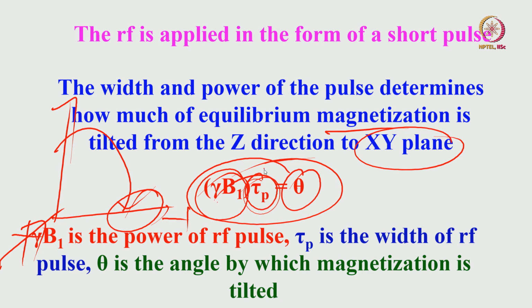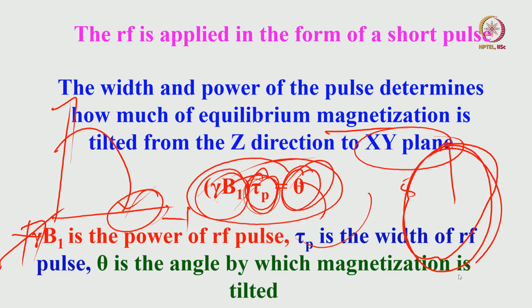If I have a pulse of 5 microseconds, I tilt it by 90 degrees, and it is linear. If I make it 10 microseconds instead of 5, I will tilt it by 180 degrees. If I make it 15 microseconds, I will tilt it by 270 degrees. So the magnetization which was here, I can tilt it here, take it here, and here, and keep it rotating like this. I can make the magnetization keep on rotating.